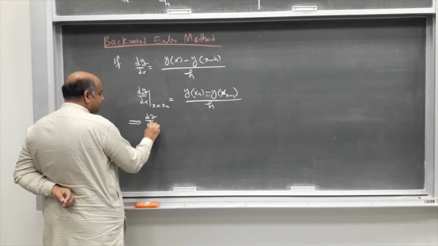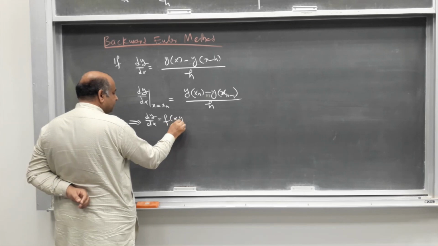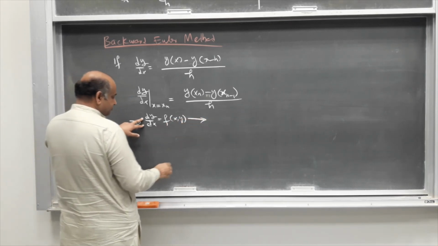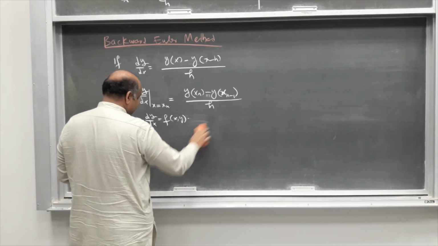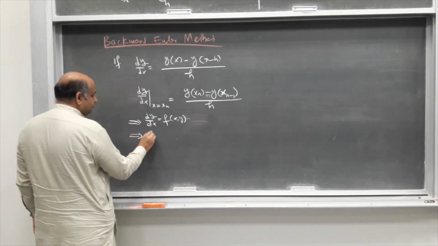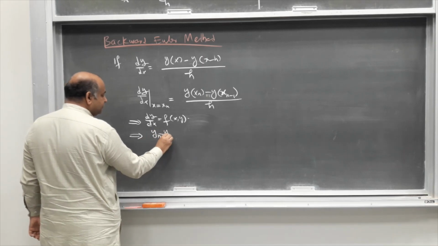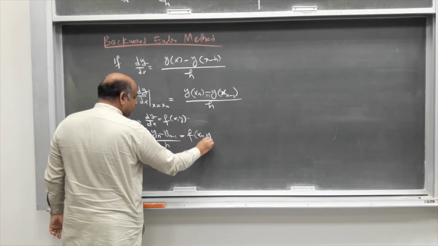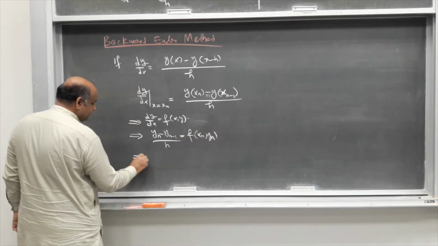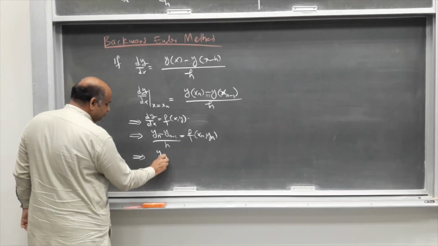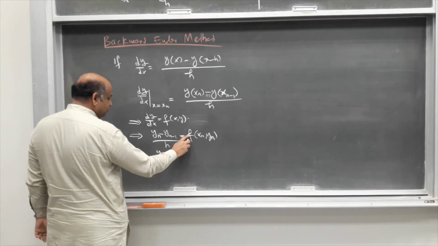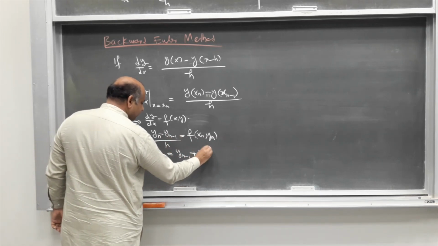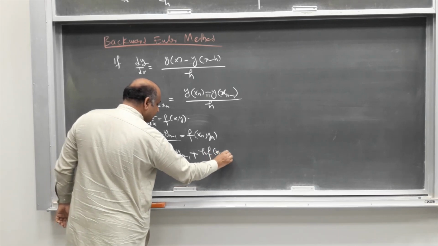if I now see this equation, this will transform to (yn minus yn minus 1) over h equals f of xn, yn, which means that yn is equal to, so this h goes there, this goes to the other side, yn minus 1 plus h f(xn, yn).